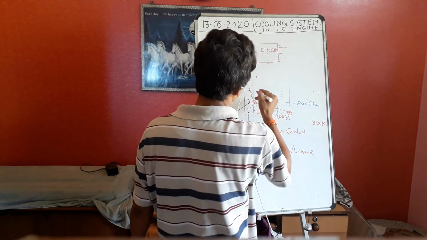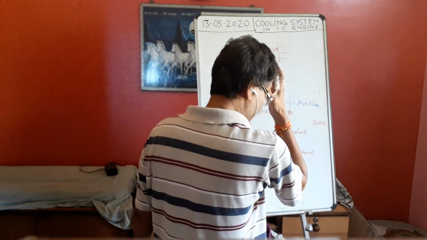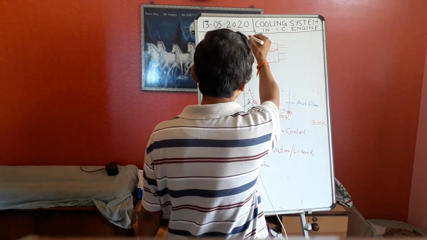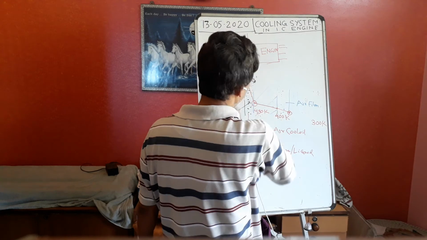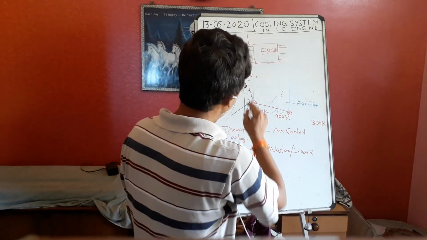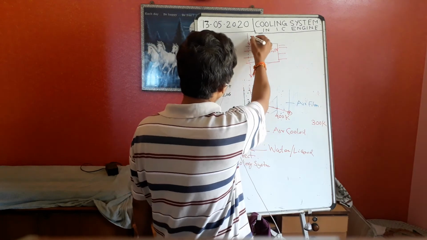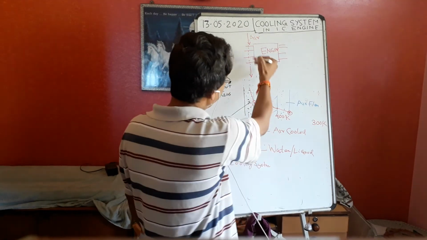When the car is in motion, due to the draft, air flows over the fins of the engine and takes out the heat. So the engine heat is directly taken by the air.